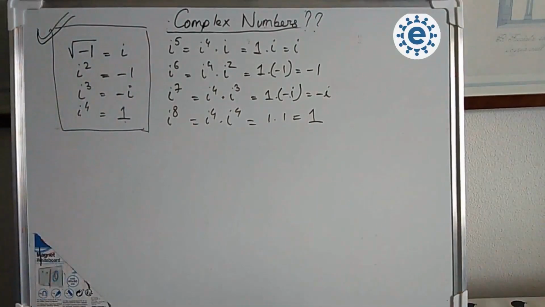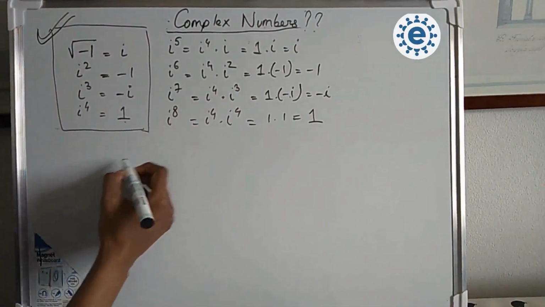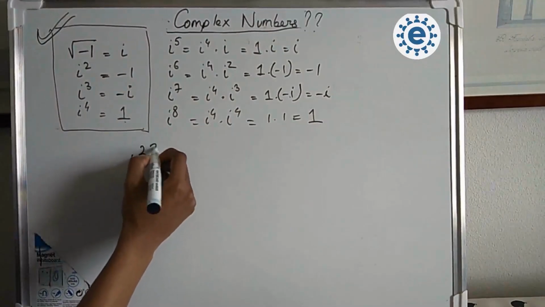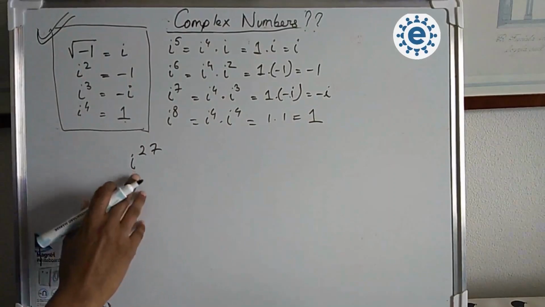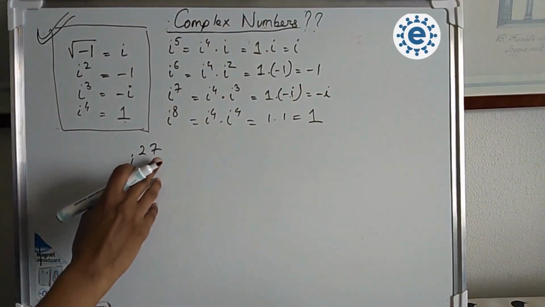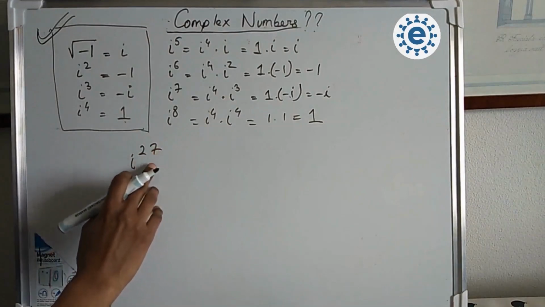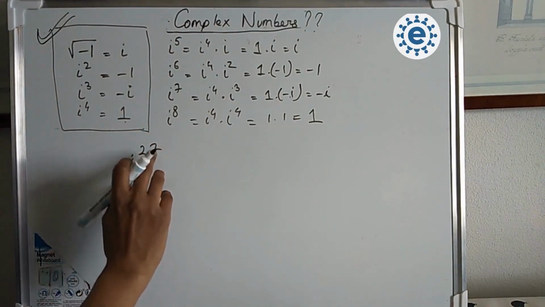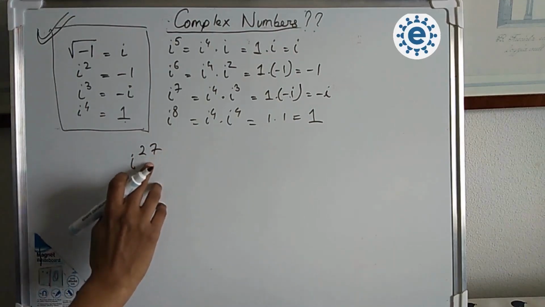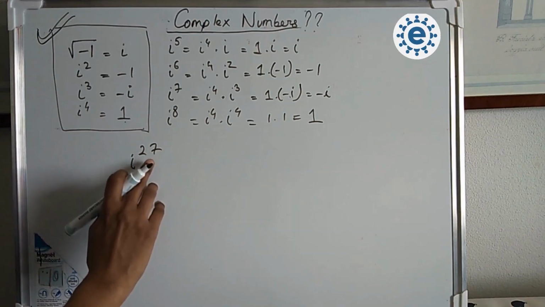Now suppose we are asked to find the value of I^27. How will we find this? We will break the power 27. We will take out the nearest multiple of 4 from it and then solve the rest. Why the nearest multiple of 4?